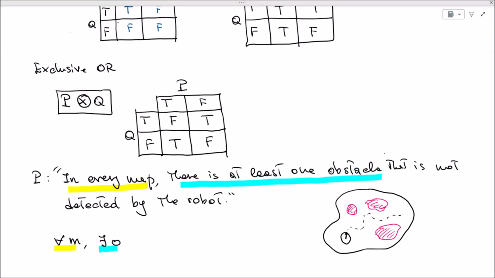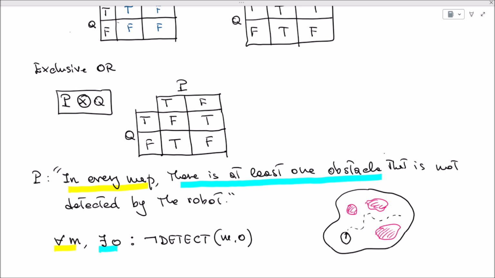So we can say such that detect of M and O is false, which is to say not detect is true. So this is the proposition P.